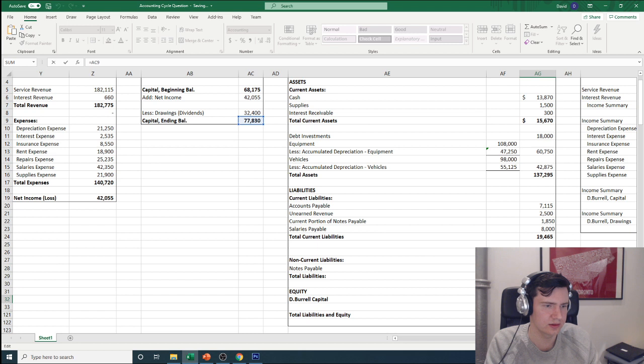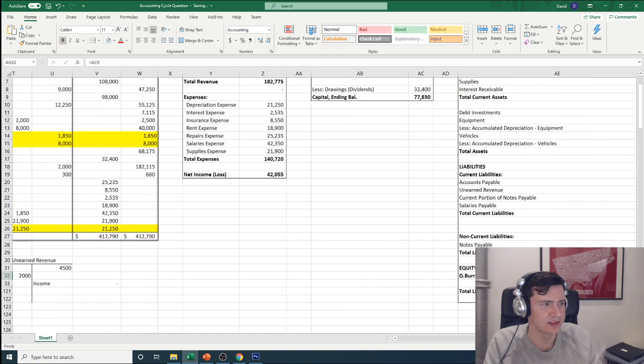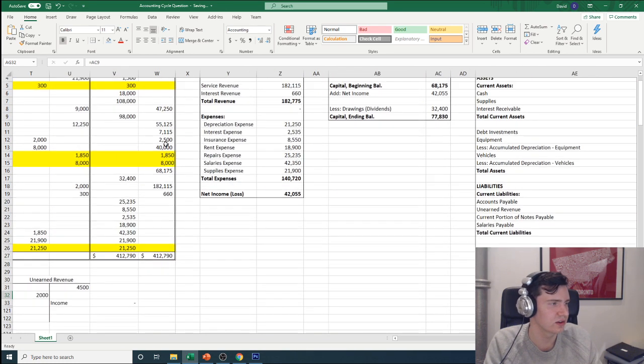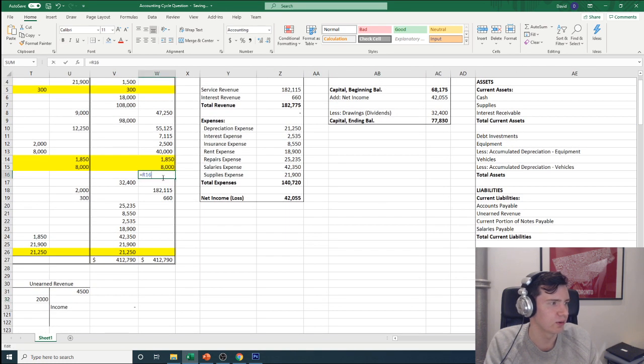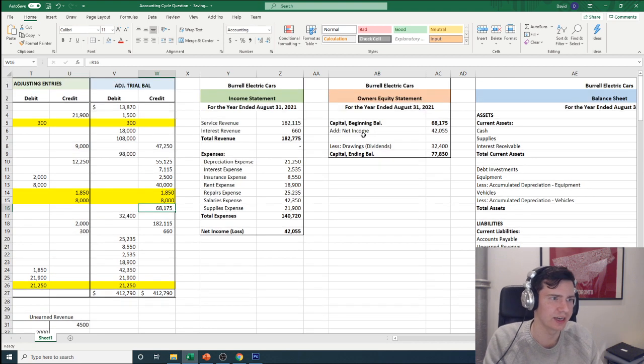Why is this 77,830? Oh yes, because that's our ending balance for capital. So this was our capital account balance before we added our net income.